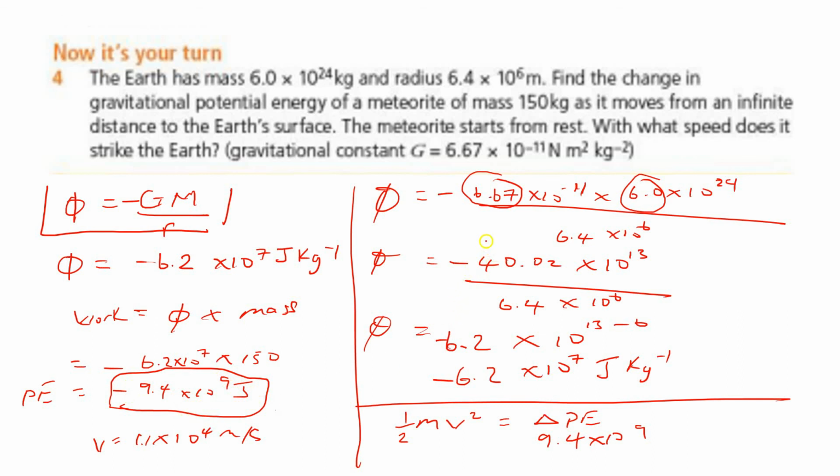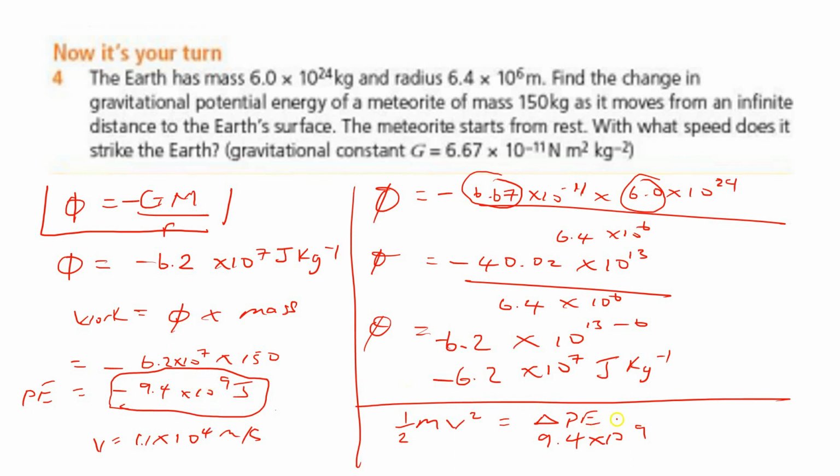Now, they want us to find the speed at which the meteorite collides with the Earth. One of the things we're going to learn in subsequent lessons is that once you're losing potential energy, that potential energy is being converted to kinetic energy. So the potential energy being lost is equal to a gain in kinetic energy.